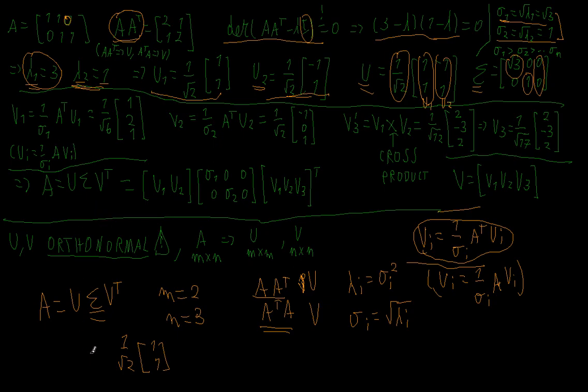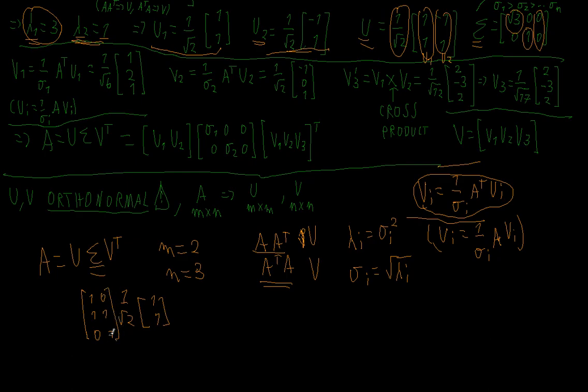A transpose, so I have 1, 1, 0, 0, 1, 1. And I have 1 over square root of 3, so this is the 1 over sigma sub 1, that is 1 over square root of 6. If I multiply this vector by this matrix, I get 1, 2, and 1. So in fact this is correct.